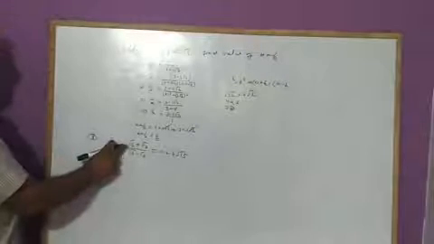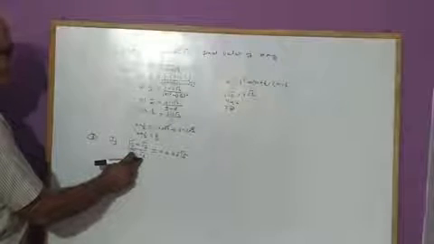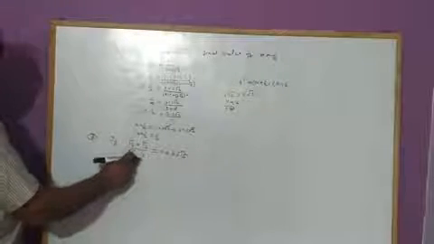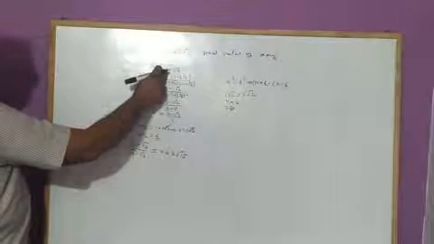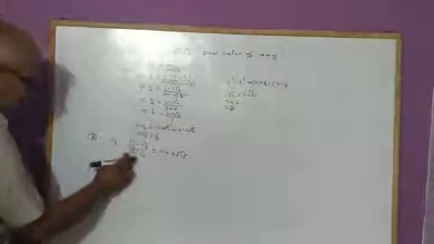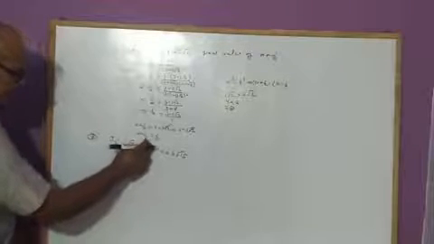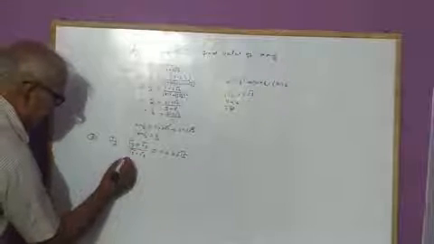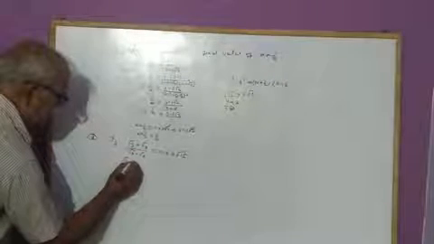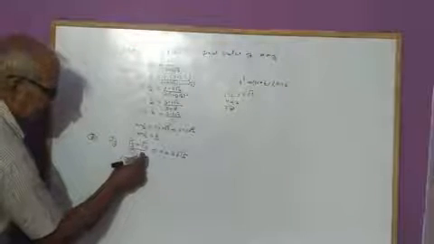So rationalize the denominator in the same process as in question number 1: change the sign of the denominator and multiply both numerator and denominator.